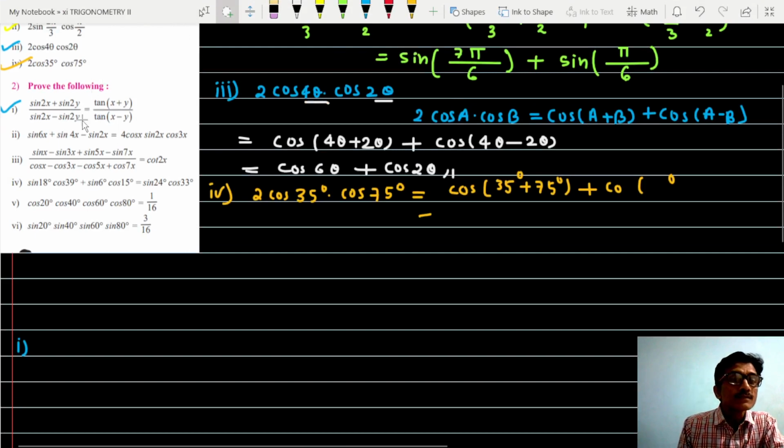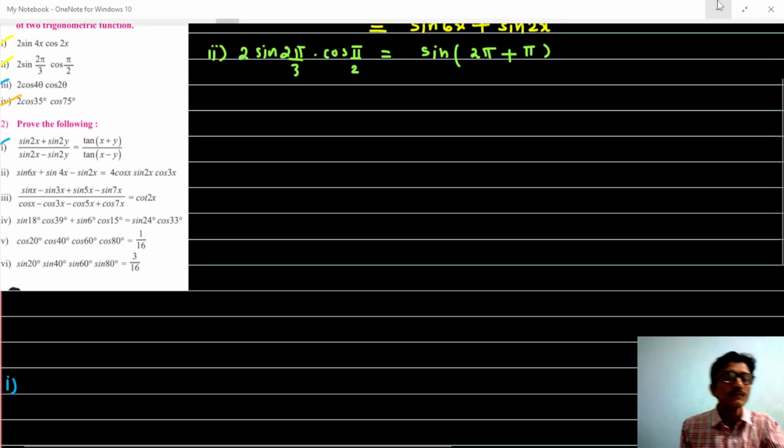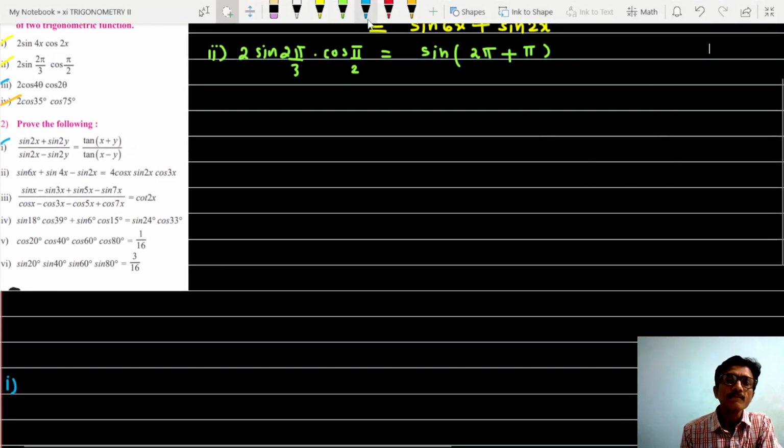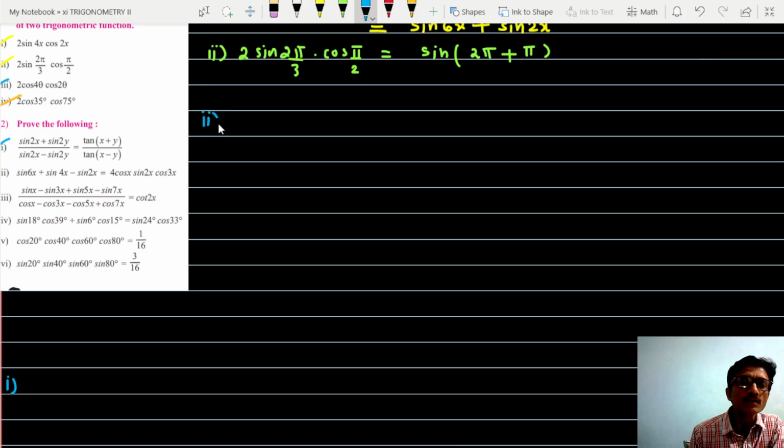Next question is sin 6x. Here the question is this, sin 6x plus sin 4x minus sin 2x. See here, second sub question is sin 6x plus sin 4x minus sin 2x.